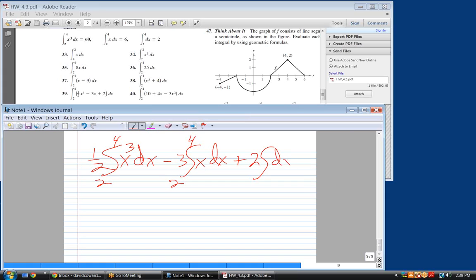So our first step. Okay, for the first one, we would take half of 60, so we get 30. The second one is 6 times 3, so 18. And then the third one turns into 4. Exactly. 16.